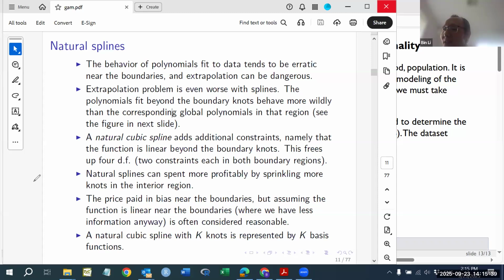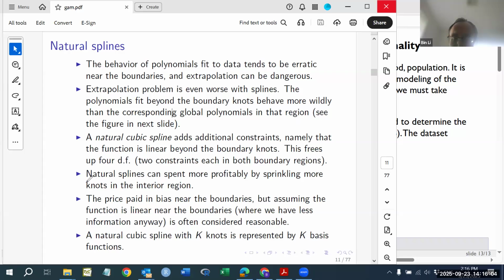If you heard that our model has a boundary effect, that means if we have an extrapolation problem, the results can be very misleading. The performance outside the range of the training data can be very weird, and the results can be horrible. So that's called the boundary effect.